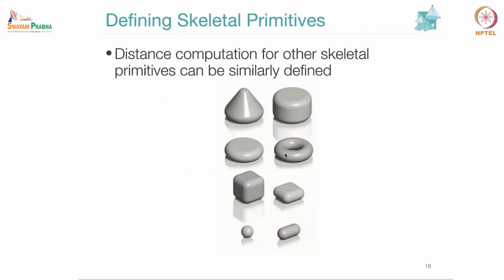The circle is just a one-dimensional curve, a curve in 2D or 3D, right? Whereas a disk is more like a sheet of paper with the circle as its boundary. Then you have a cube, a square, a point, and a line segment.